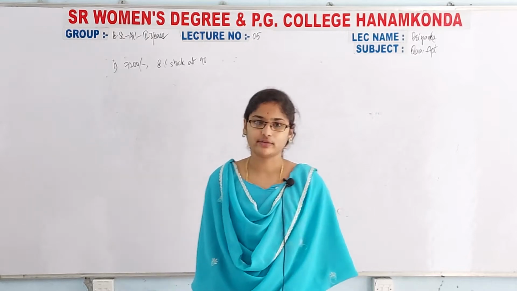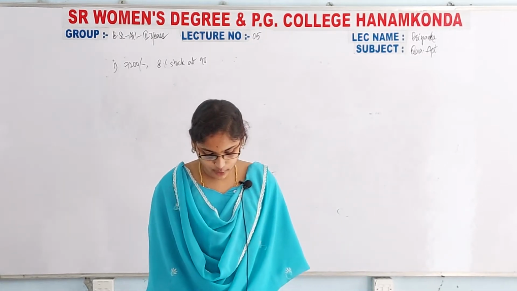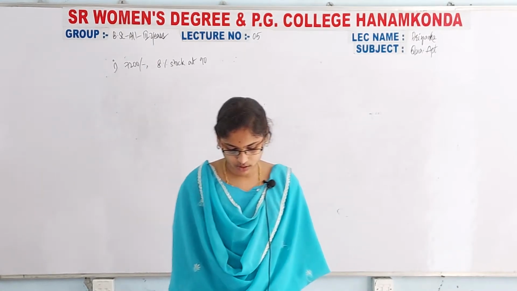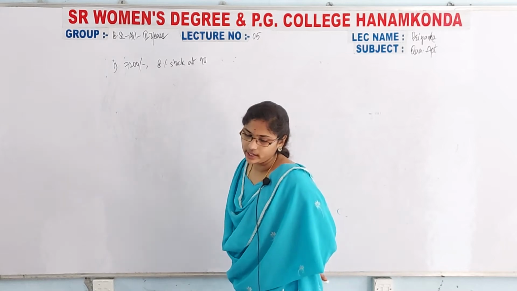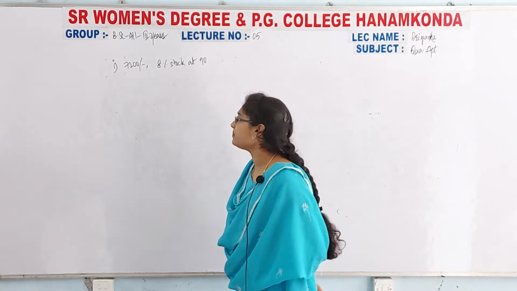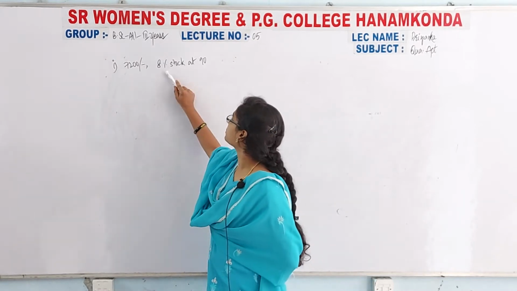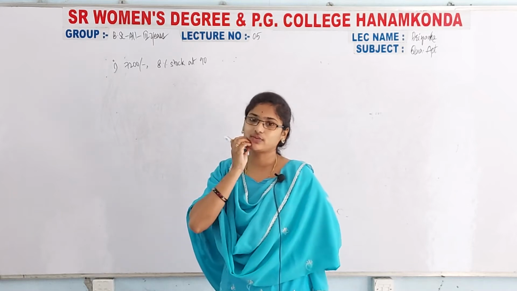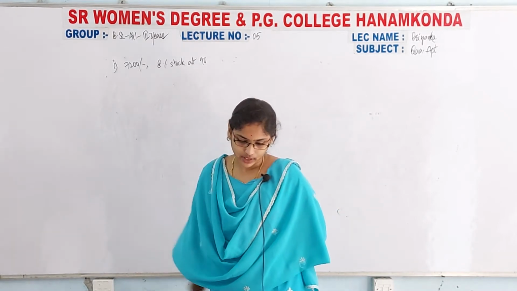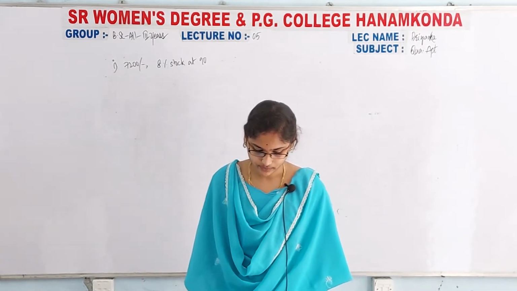Write on my first problem. The cost of rupees 100 stock equal to, so here I am taking that the 100 rupees stock is equal to 90, because in percentage they gave 90. Write down the cost of 100 rupees stock equal to 90 rupees.